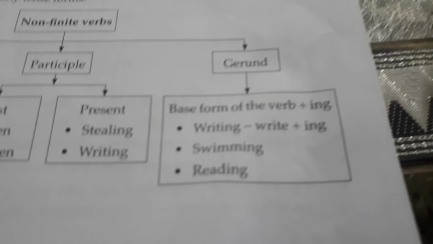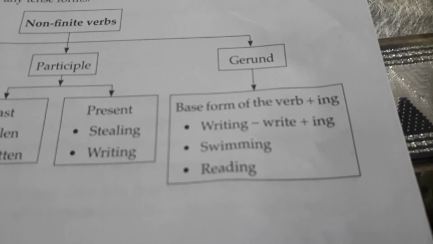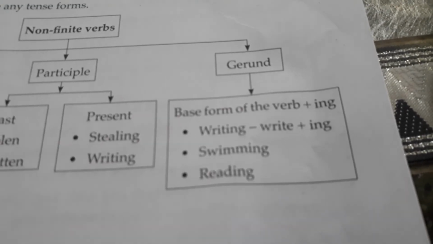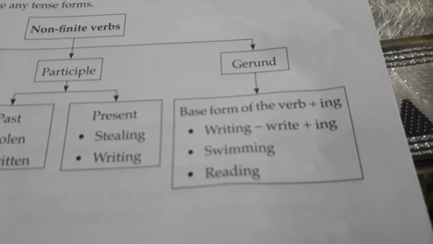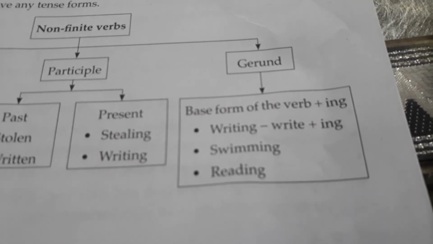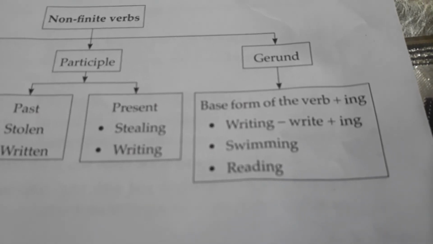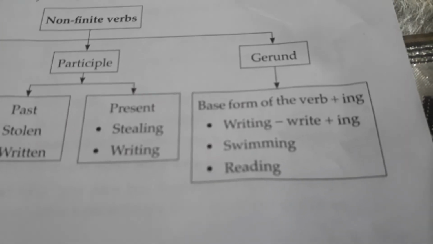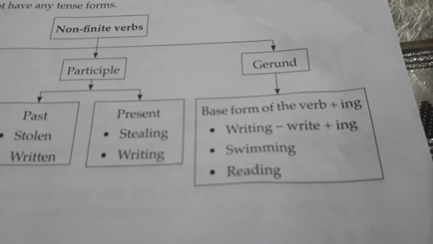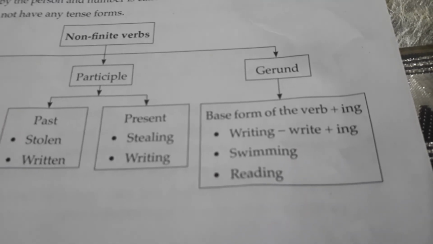Next is gerund. Now gerund means verbs to which ing is added to the base verb. For example, steal becomes stealing, write becomes writing, swim becomes swimming, read becomes reading.